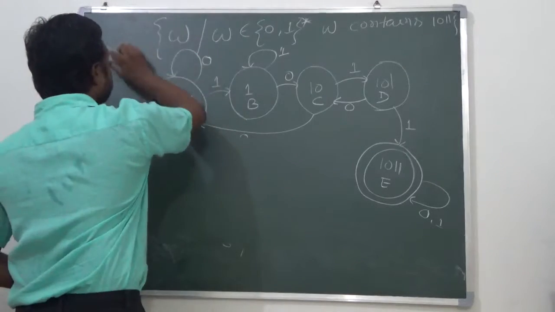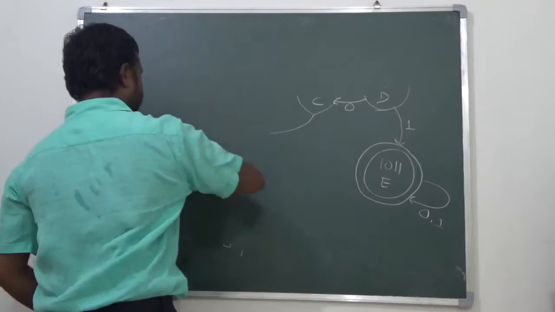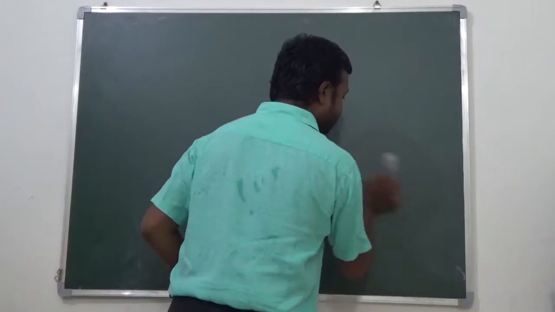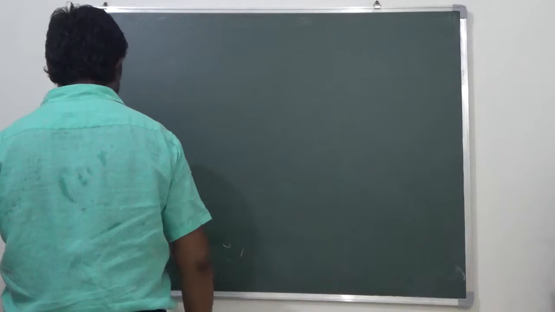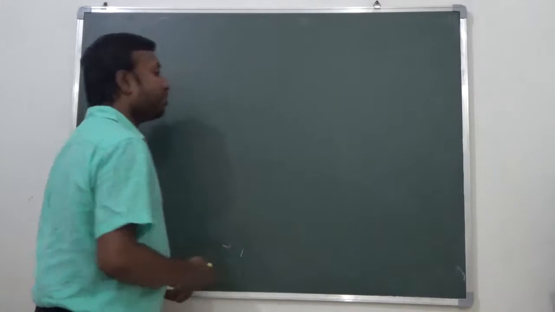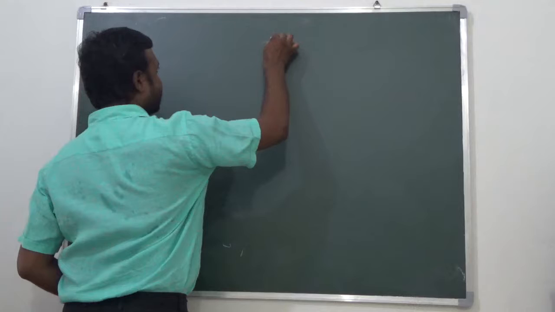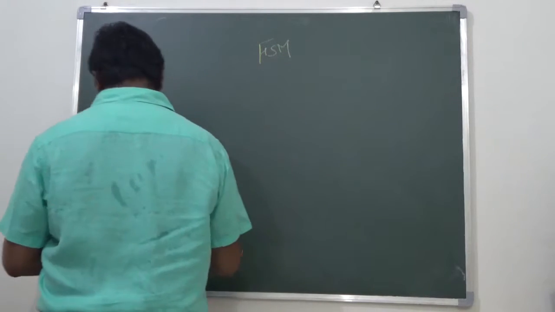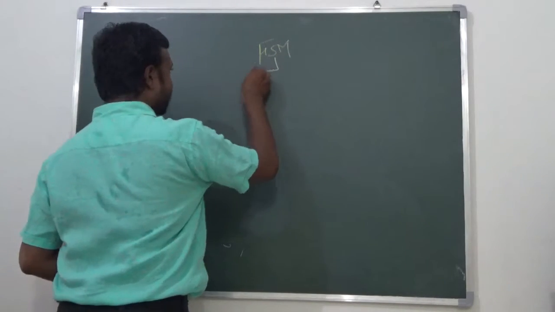Now we have talked much about the finite state machine. Let's talk something about categorization of finite state machine, and then we will go for the other kind of machine. So the finite state machine, the FSM, is classified into two broad categories.